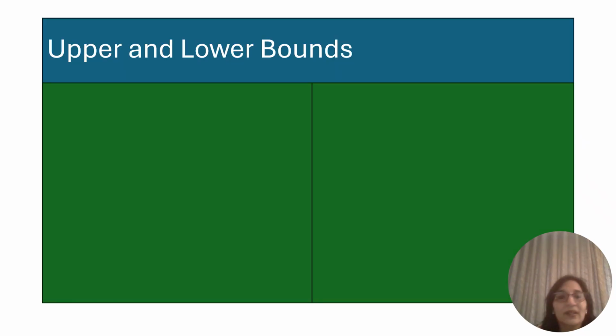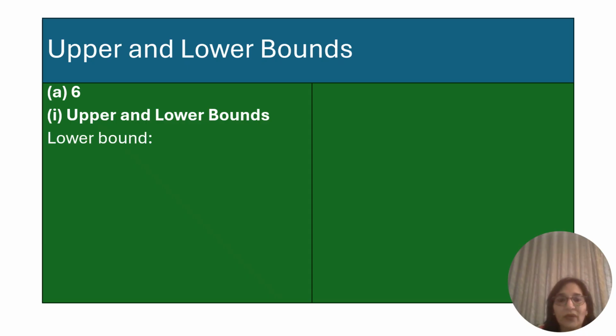Let's understand upper and lower bounds. Question A: we've taken the number 6. To find the lower bound, as I told you, we need to subtract 0.5. So 6 minus 0.5 will give you 5.5.